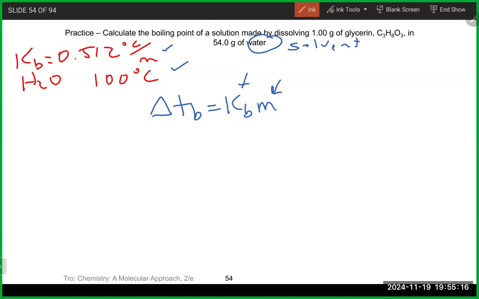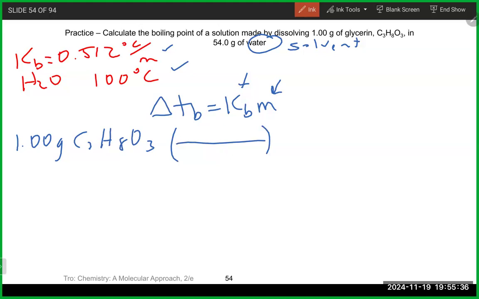So to do that, we will take our 1 gram of glycerin here, which is C3H8O3. We'll go to the periodic table and calculate the molar mass of that.